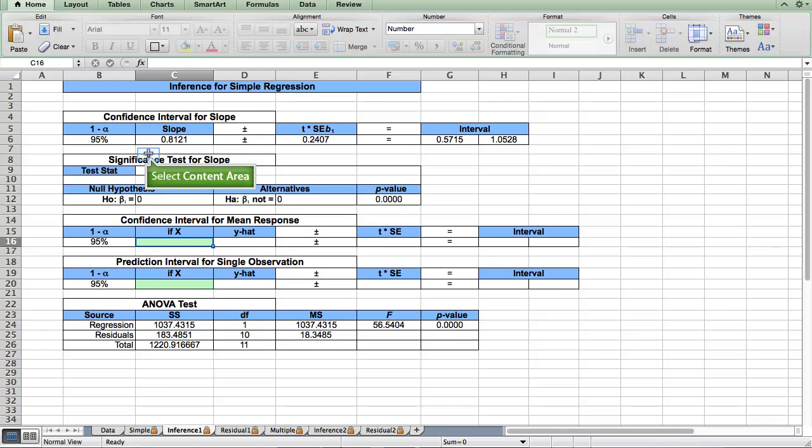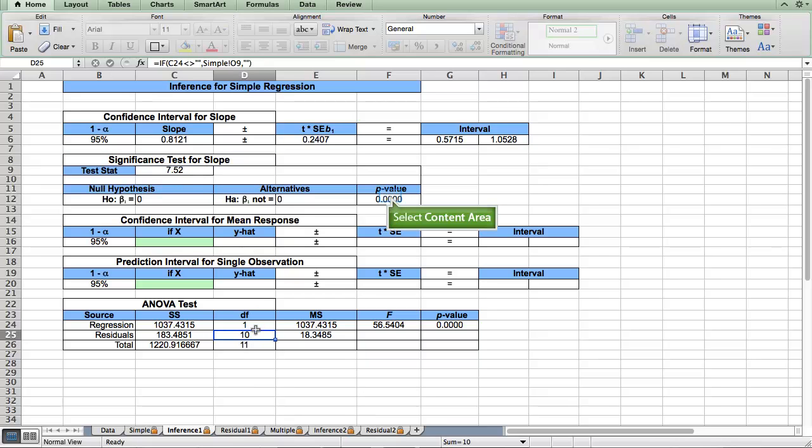Looking at our t-test for slope, we can see in this case t for 10 degrees of freedom is a very strong 7.52, which corresponds to a p-value very close to 0. So in fact, there's a highly significant linear relationship between assets and long-term debt.